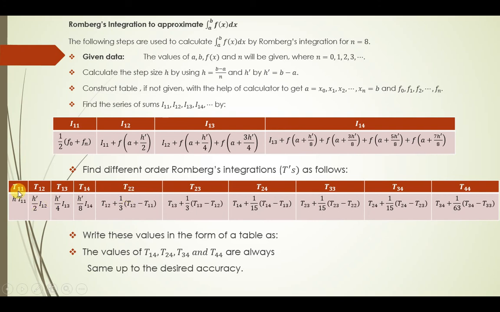Now the other thing is, whenever you calculate these t's, then replace these ones by 2. So just like t11, that will be t22, then t23, then t24, that is 4. So that is t24, and then replace these 2's with 3's.